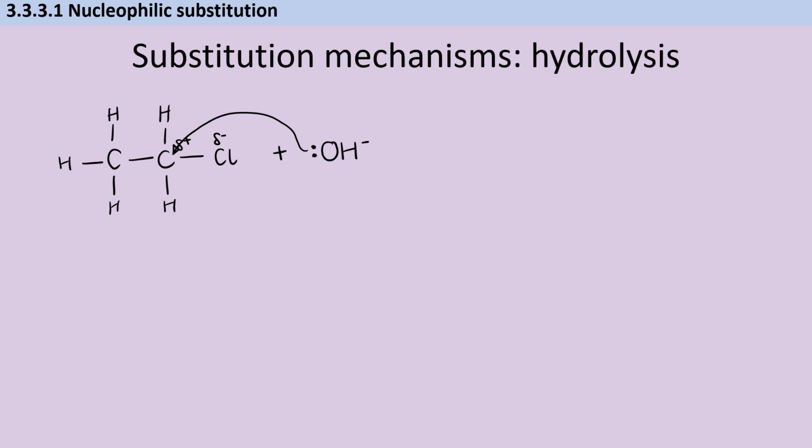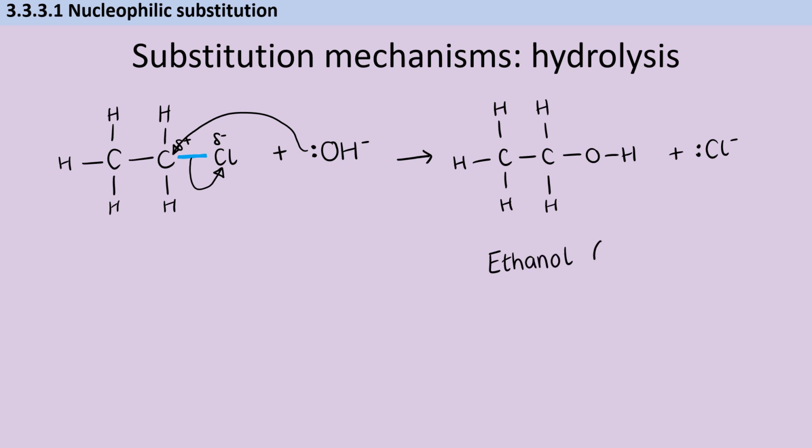What's going to happen then is that this bond between the carbon and the halogen is going to break, and both of the electrons from that are going to be taken by the chlorine, which is our leaving group. So my second arrow goes from the middle of that bond to the chlorine to show that it's accepting both of the electrons. And then my products are going to be some ethanol, which is an alcohol, and then also this chloride ion.